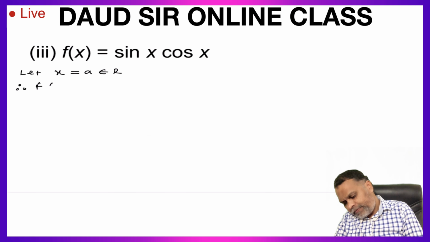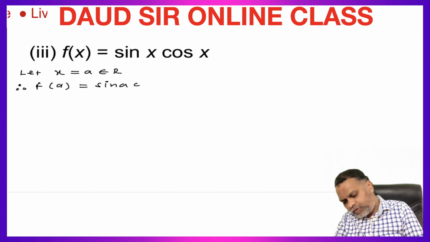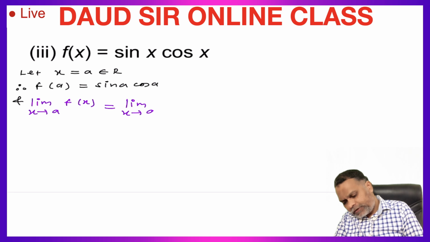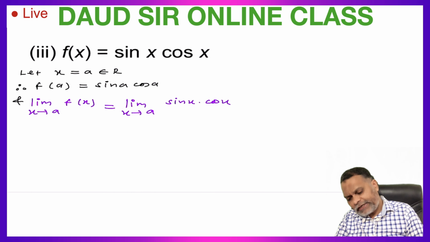Therefore, f of a is equal to sin a into cos a, and limit x tends to a, f of x is equal to limit x tends to a, sin x into cos x. Just substitute x is equal to a, where a is any real number.